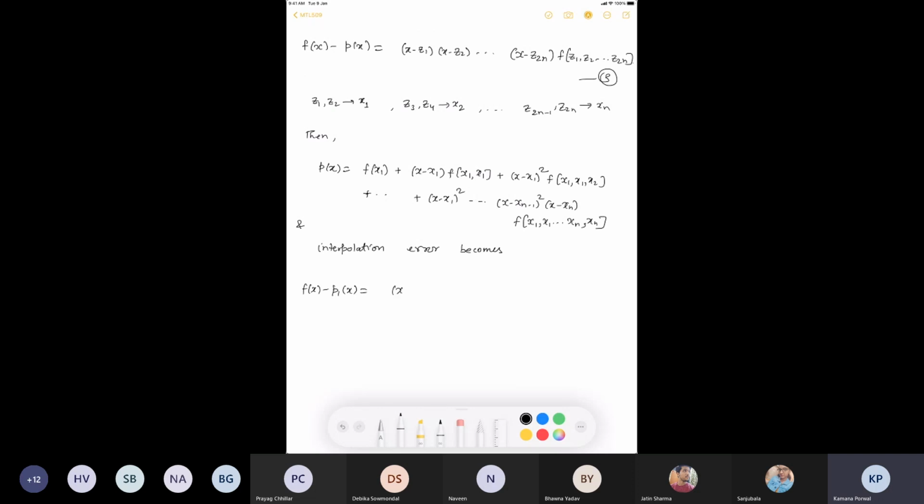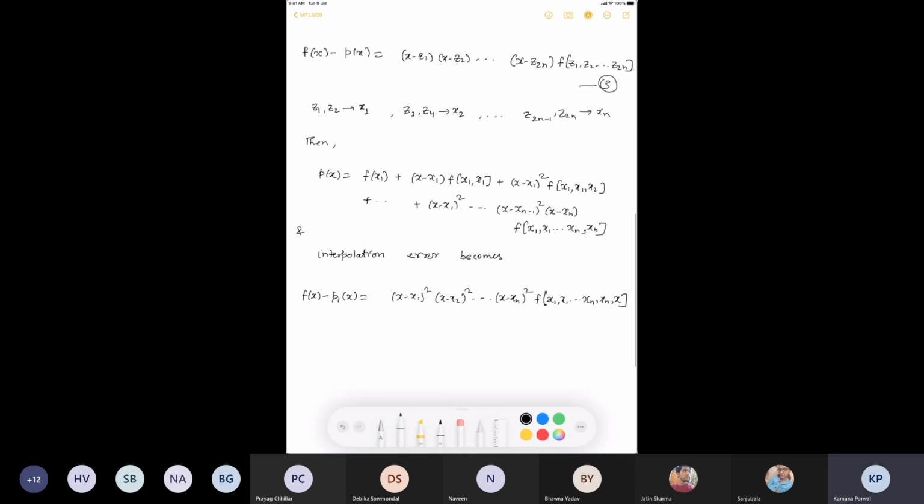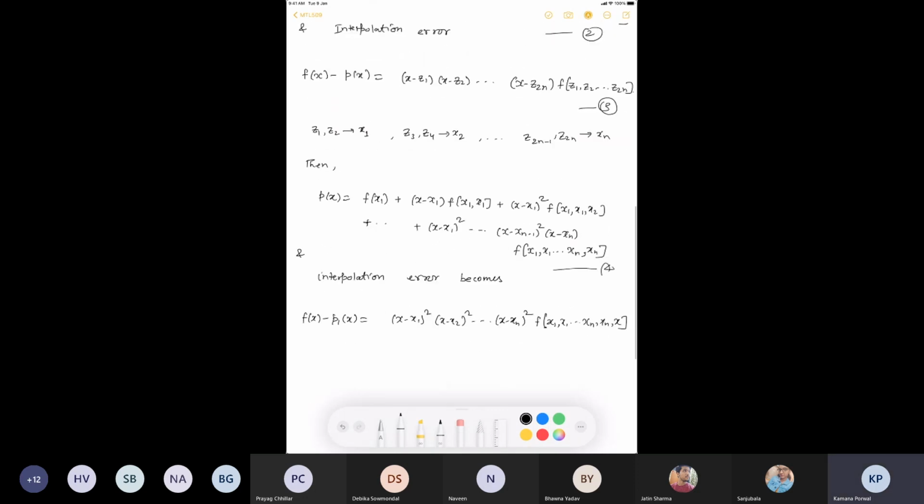This will become x minus x1 square, x minus x2 square up to x minus xn square times the divided difference of f with the arguments x1 x1 repeating up to xn xn, and then we will have x. Okay, so let's call this 3, this 4, and this 5.